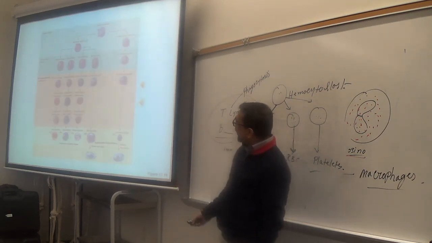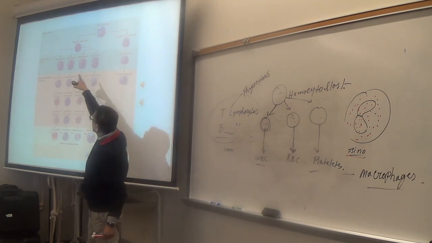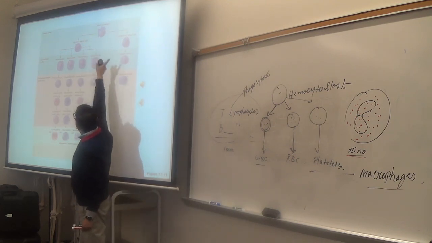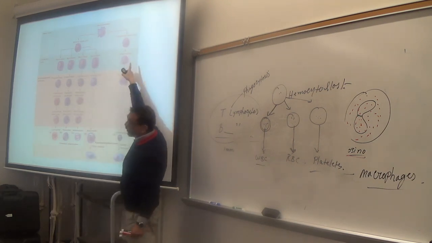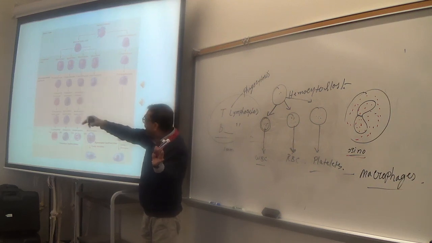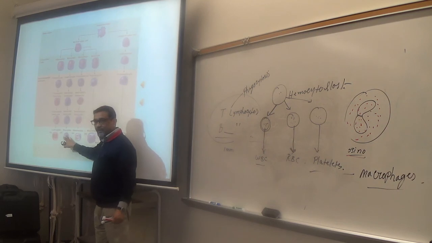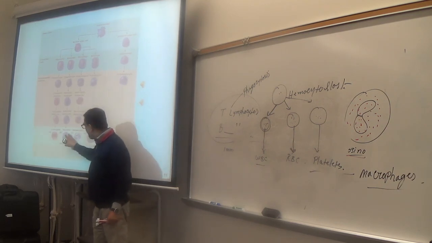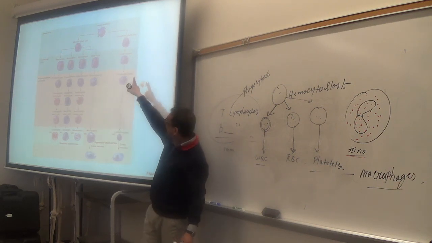Now you see what happens when the white blood cells are produced. First, two types of stem cells are produced. One is called myeloid stem cell, another is called lymphoid stem cell. Okay? Differentiation, myeloid and lymphoid. Then from myeloid, we get 4 different types of white blood cells: eosinophil, basophil, neutrophil, monocyte. Only lymphocytes come from lymphoid stem cell.